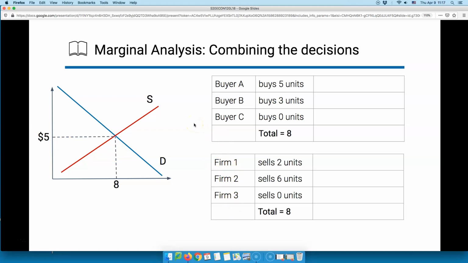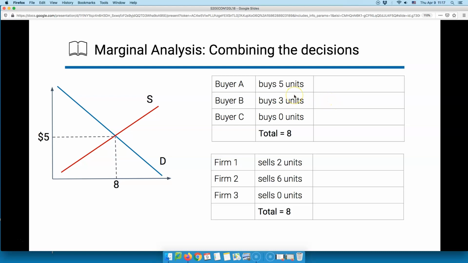Well, first of all, for buyer A, if the buyer buys 5 units, that means that the fifth unit, the last unit that the buyer purchases, generates a marginal benefit of 5 or more, and the sixth generates benefit of less than 5.